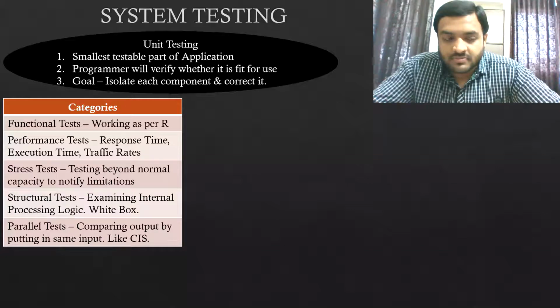SCAR, then ITF, snapshot, CIS, audit hook. Okay: snapshot, SCAR, integrated test facility, continuous and intermittent simulation, and audit hooks. Did we leave anyone?